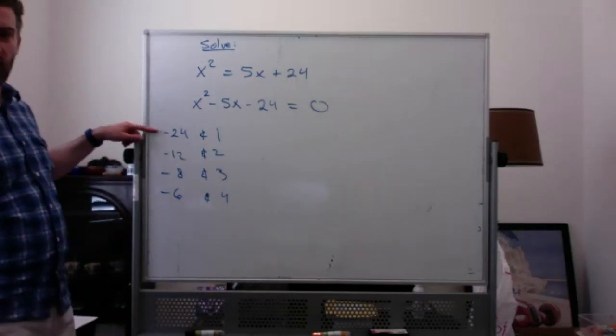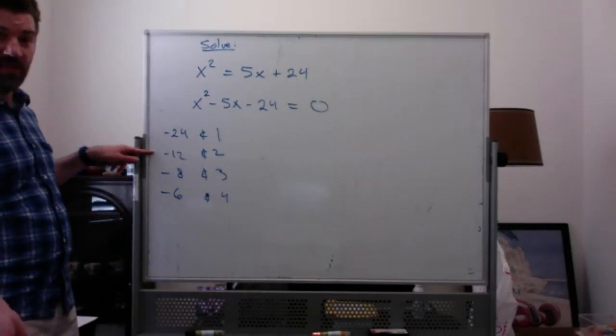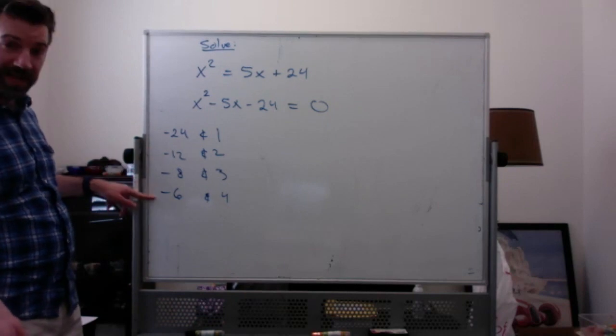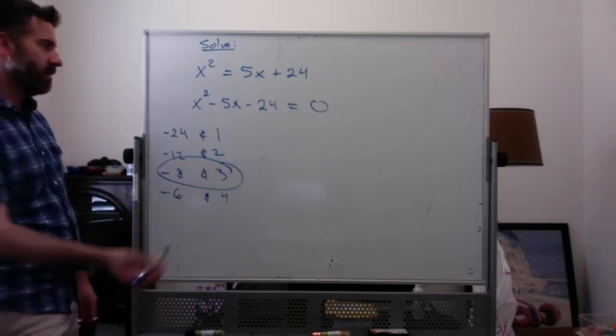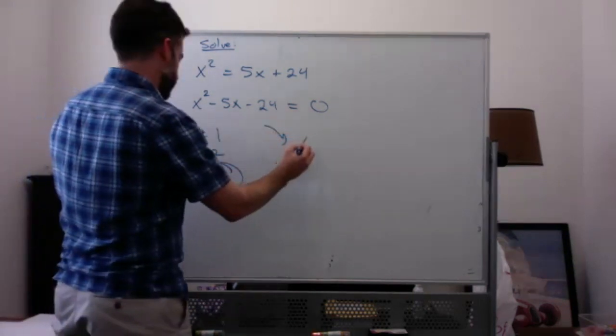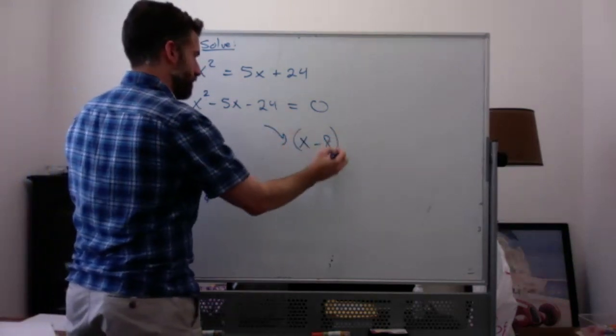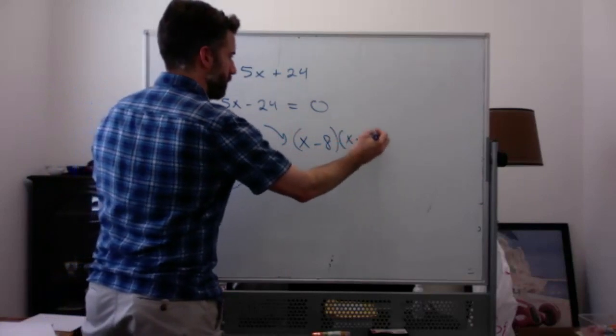Those add up to negative 23, those add up to negative 10, those add up to negative 2, and those add up to negative 5. That's the one I want. So I want x minus 8 times x plus 3.